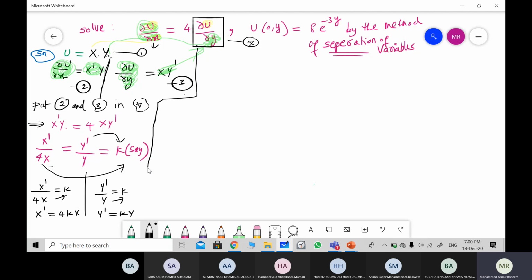Later what happens? This one. X dash minus 4kX equals 0. This is D minus 4k, X equals 0.